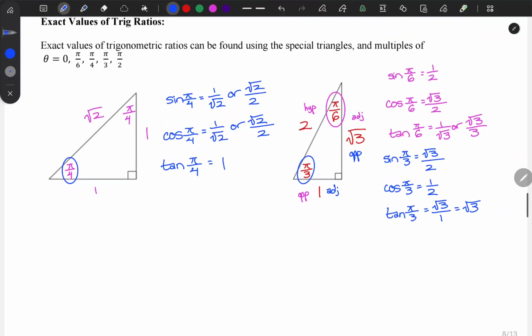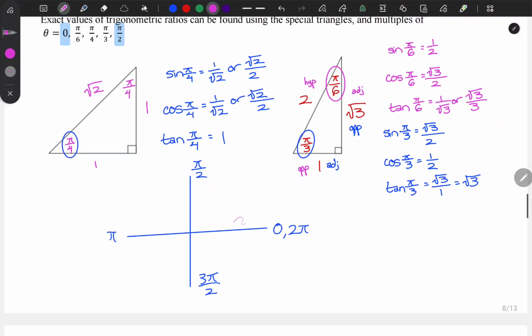The other ones that we could also find an exact value for are anything that is a multiple of 0 or 2 pi, just by using our quadrantal angles. So for example, if this is 0 and 2 pi, this is pi, this is pi over 2, this is 3 pi over 2. If we think about points on the unit circle, for an angle of 0 radians, we have a point (1, 0).